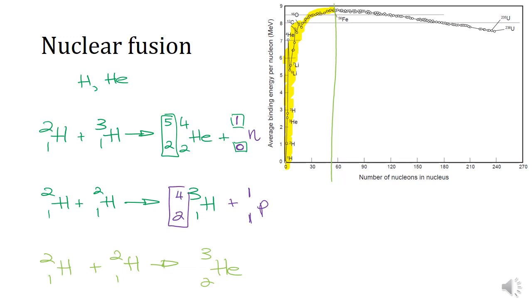So let's look at what I need to place. 2 and 2 make 4, minus 3 leaves me with 1. 1 plus 1 is 2, minus 2 leaves me with 0. What do we call something with a mass of 1 but a charge of 0? A neutron. This is what we mean by constructing nuclear fusion reactions.